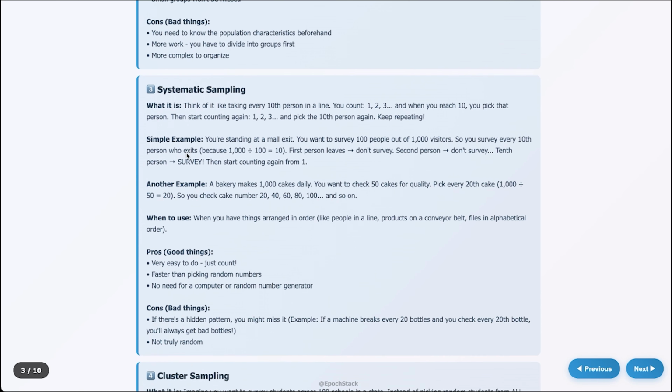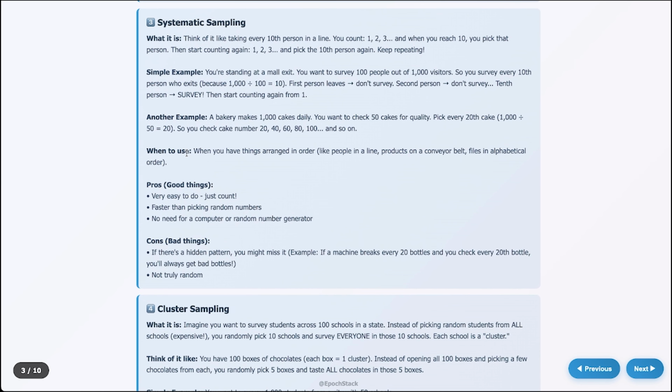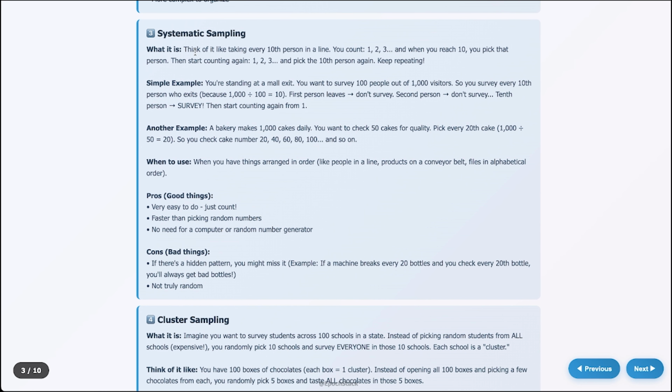Now coming to systematic sampling. So what it is, think of it like you are taking every 10th person in the line. For example, you are counting 1, 2, 3, and when you reach 10, you pick that person and you start the counting again. Okay, so you keep on repeating. So you will be picking every 10th person in your sample.